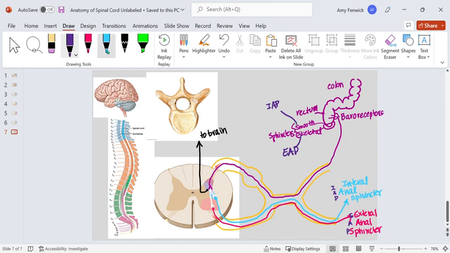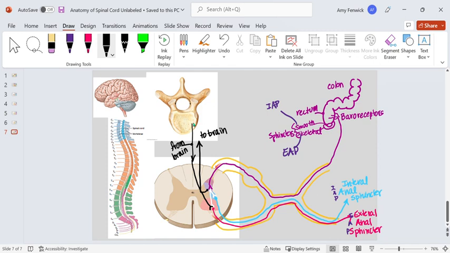In fact, there will be another neuron descending from the brain, synapsing over here to control that external anal sphincter. So it's not as simple as you would think. It's not just in and out, but you have to consider that some information is going to be traveling to the brain and some information is going to be coming from the brain.